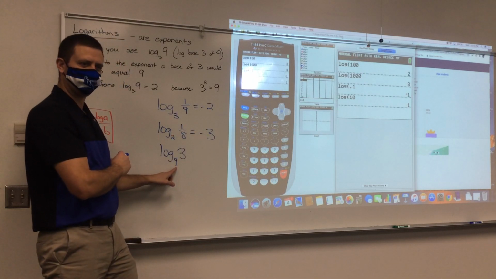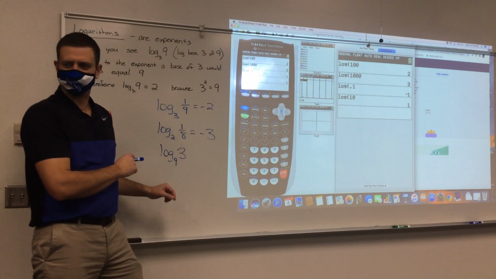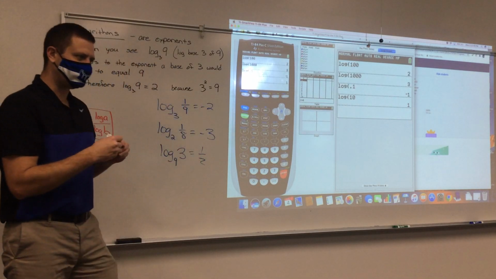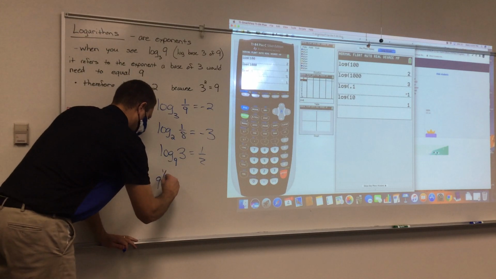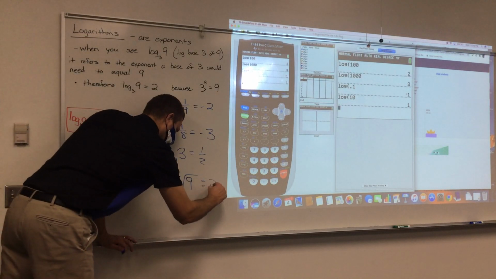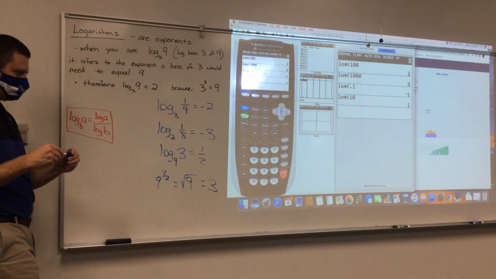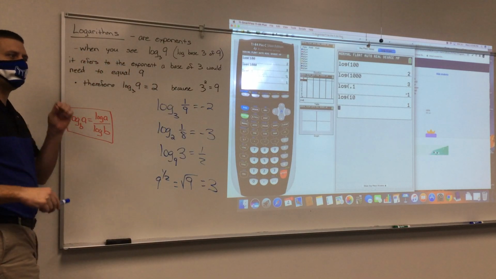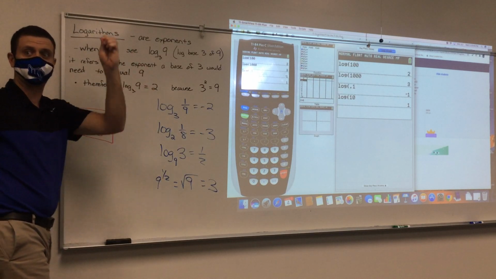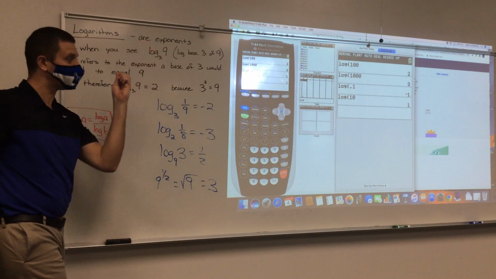The square root of 9 is 3. 9 raised to the 1/2 power is like doing the square root of 9, which is 3. When you raise something to the 1/3 power, it's like cube rooting it.